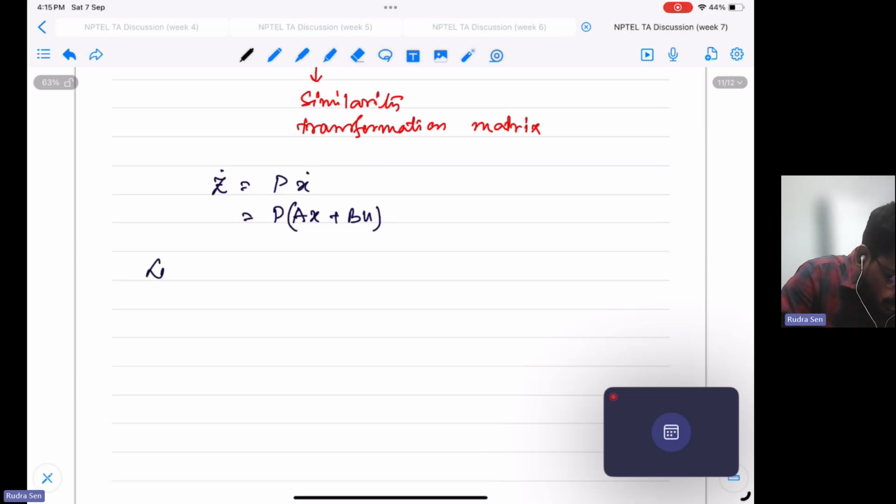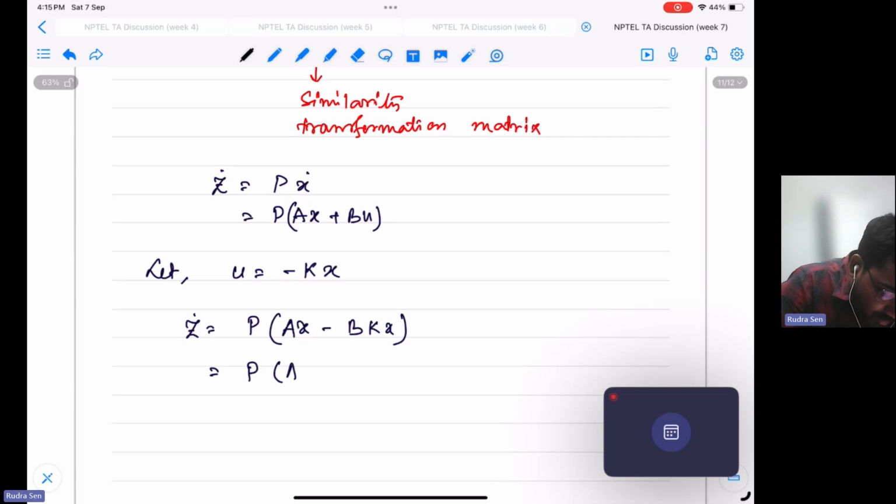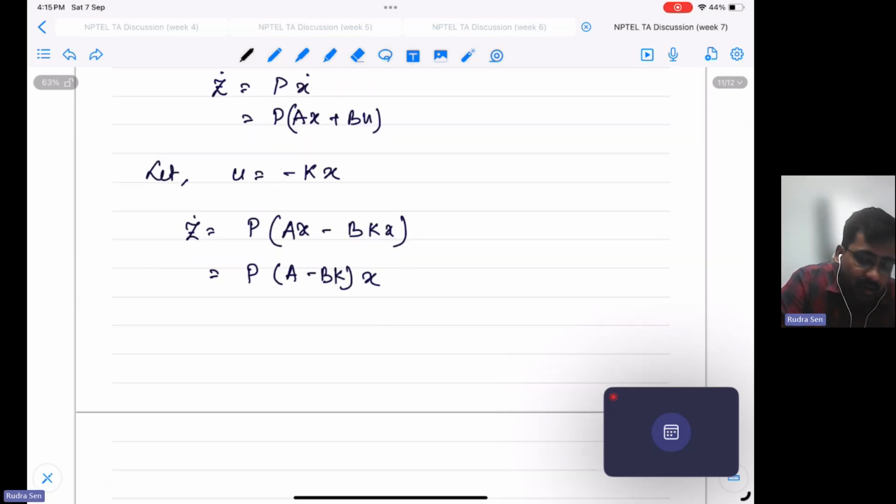Let u equal minus Kx. Put that over here. So z dot equals Ax minus BKx. So this becomes P into (A minus BK) into x, right?